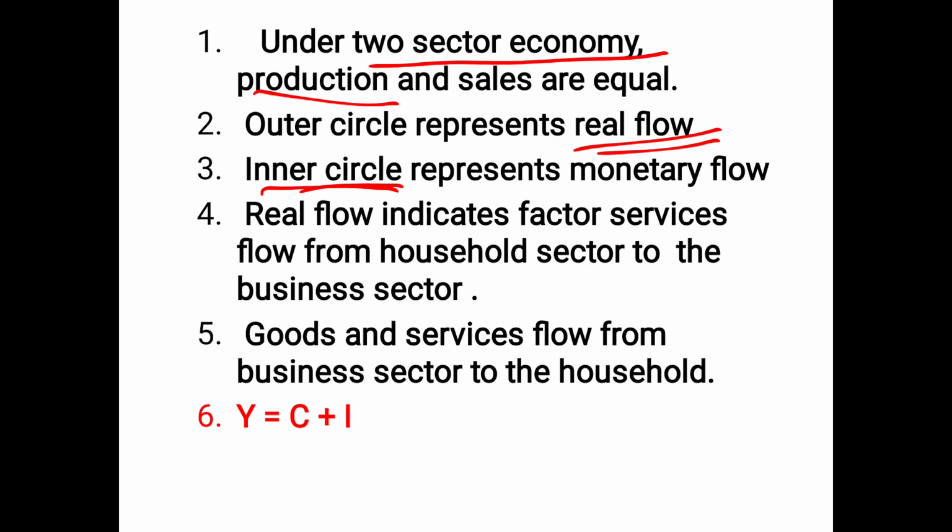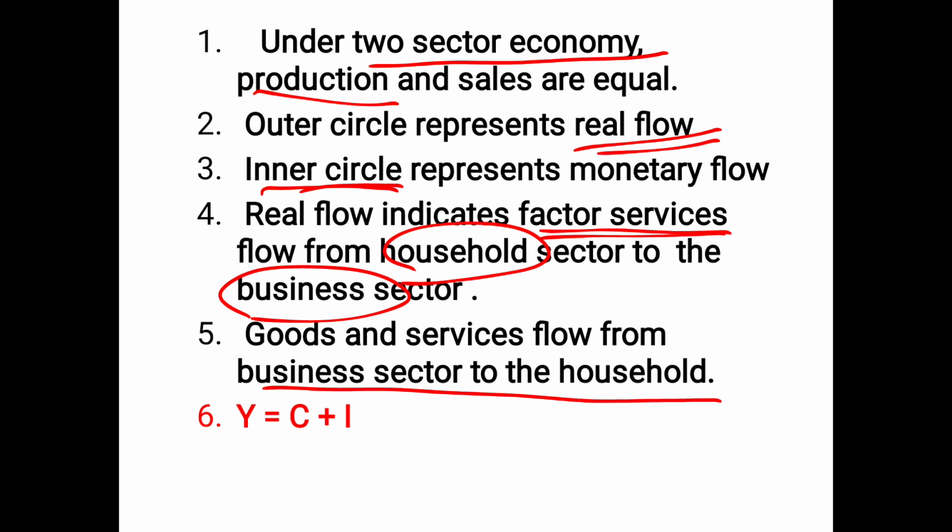The real flow indicates factor services, that is the flow from the household sector towards the firms. Goods and services flow from the business sector towards the household. That is what I previously showed you in the diagram. So we have an equation which is Y = C + I.